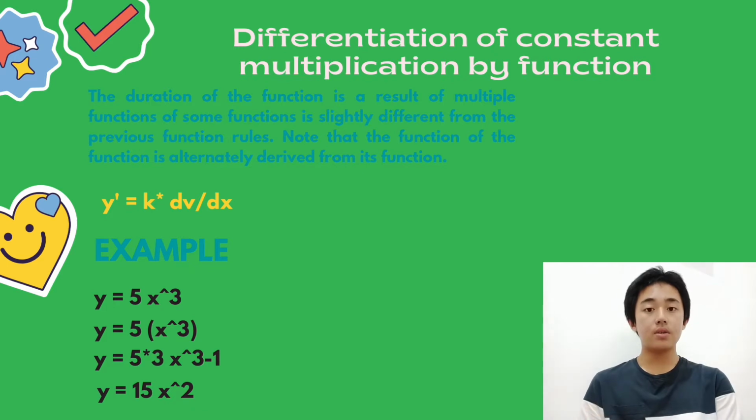And the other side we have 5. So we times it: 5 times 3x squared gives us 15x squared. So the derivative of y, or y prime, is 15x squared.